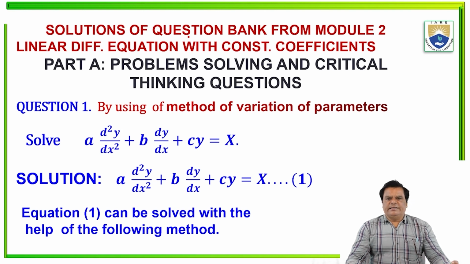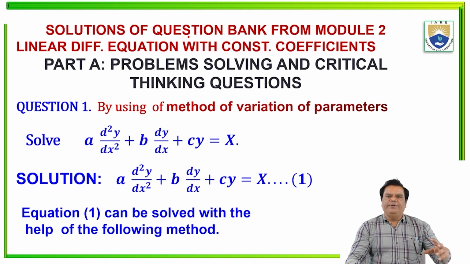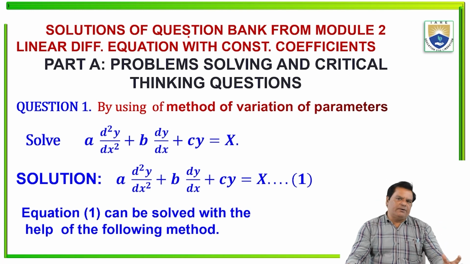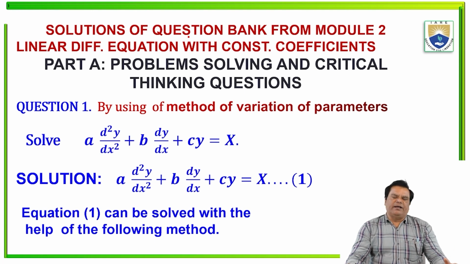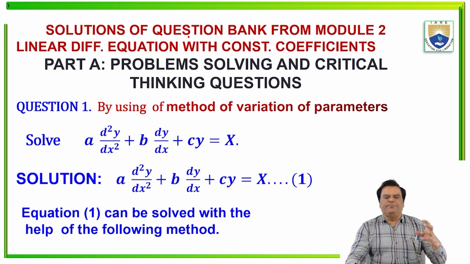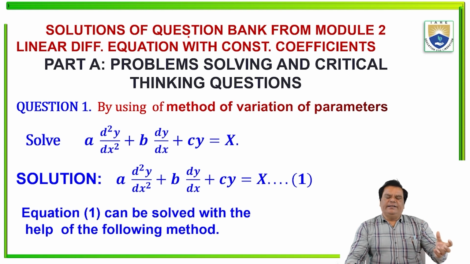Today in this lecture, my topic is the method of variation of parameters. How can we define it, and how can we apply it to a question? This is a most important method, which is applied to differential equations of second order with variable coefficients and differential equations of higher order with constant coefficients.